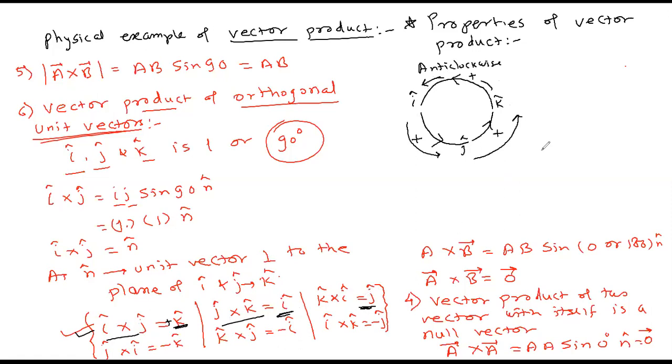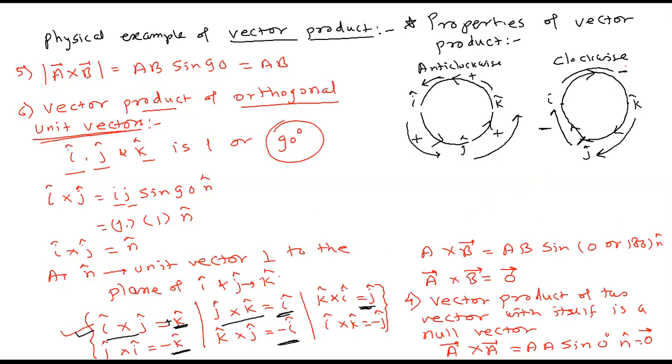On the other hand, if you go clockwise through the three vectors i, j, and k like this, then j cross i is equal to minus k. Here you have to use the minus sign. So minus k. k cross j is equal to minus i, and i cross k is equal to minus j.